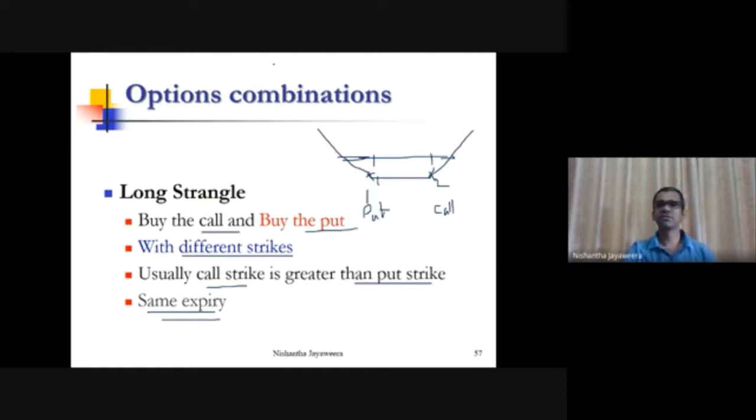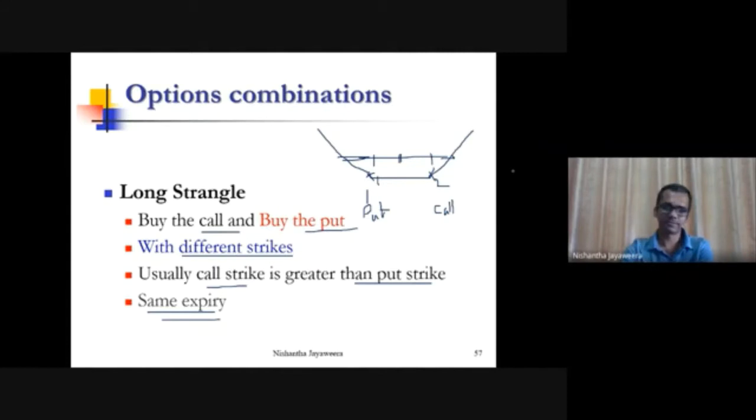In this, your total cost would be less because you buy an out-of-the-money put and an out-of-the-money call away from the market, so the premium would be less. But to do this, you should expect a large volatility. If the current market is somewhere here, you should expect price to go further down or further up.